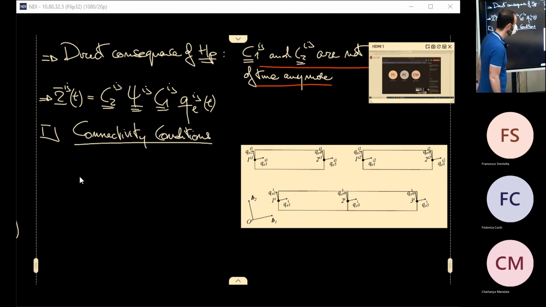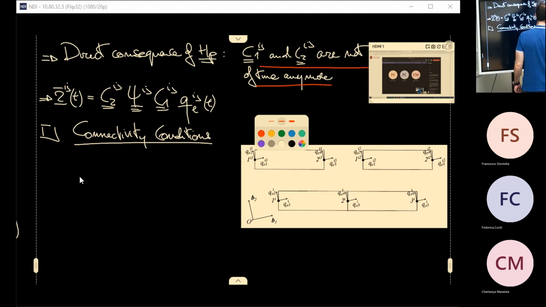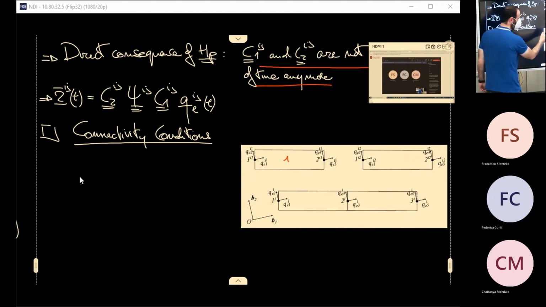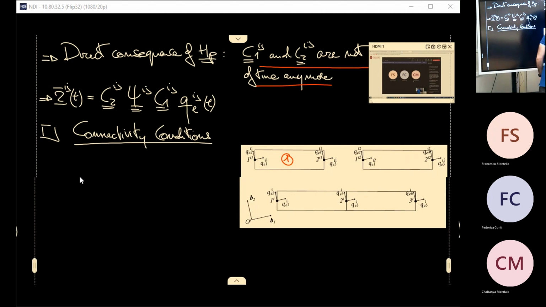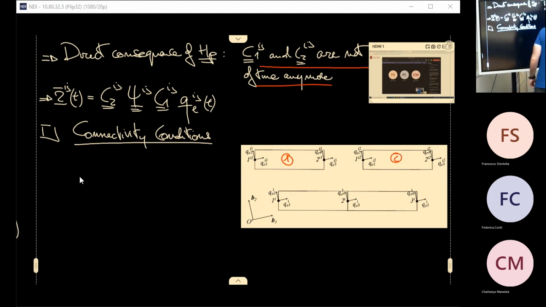So these are really the simplest possible elements. This is the first element, where J is equal to 1, and this is the second element, where J is equal to 2. And you have the first node and the second node of each element.